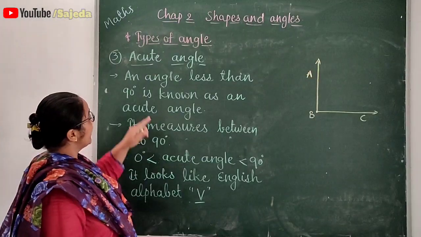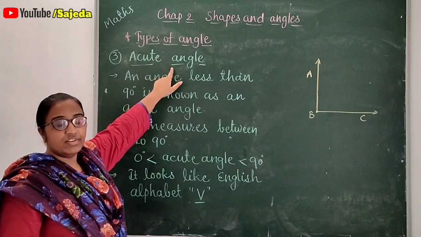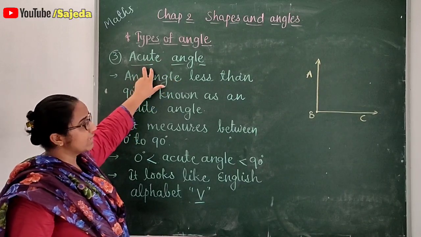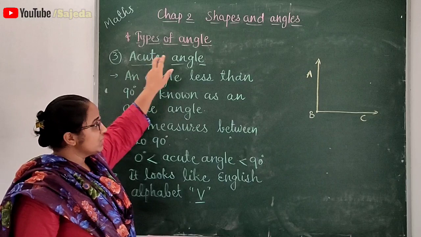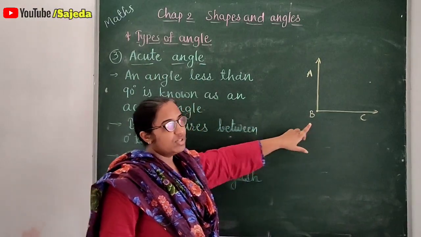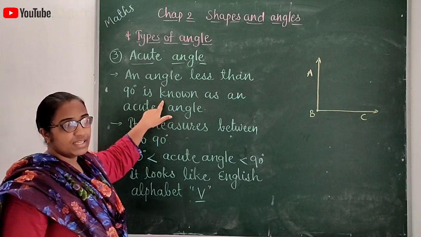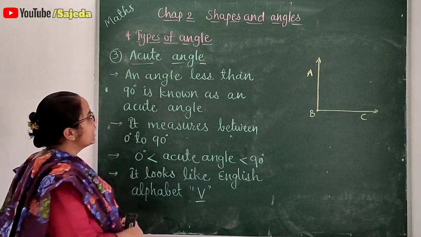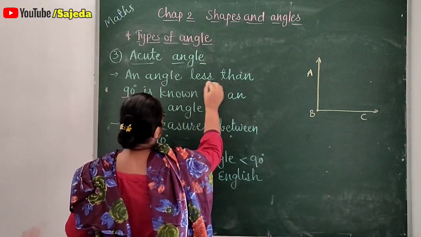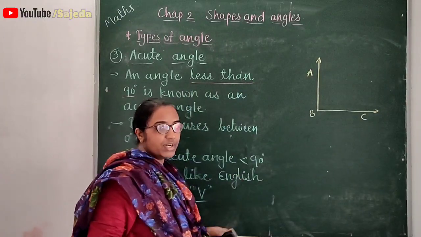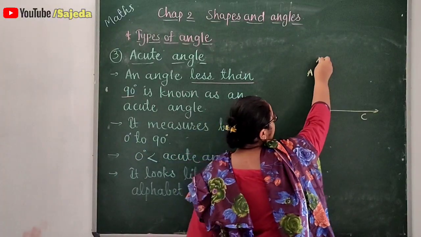Now the third type of angle is the acute angle. To understand the acute angle, we have to consider the right angle, because as per the definition, an angle less than 90 degrees is known as an acute angle. Less than 90 degrees. Now look here. Here a right angle is given.